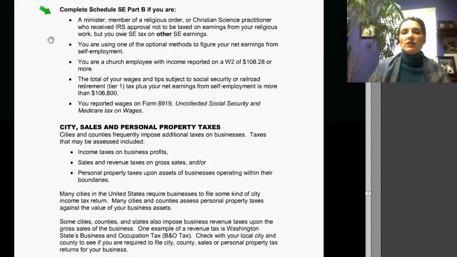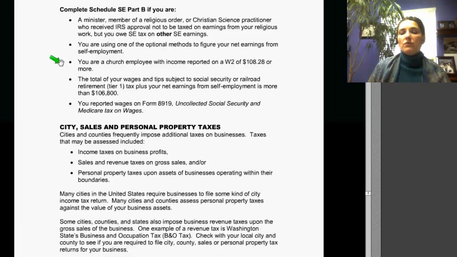So you should complete Schedule SE Part B if you are a minister, member of a religious order, or Christian Science practitioner who received IRS approval not to be taxed on earnings from your religious work, but you owe self-employment tax on other self-employment earnings. Or you are using one of the optional methods to figure your net earnings from self-employment.